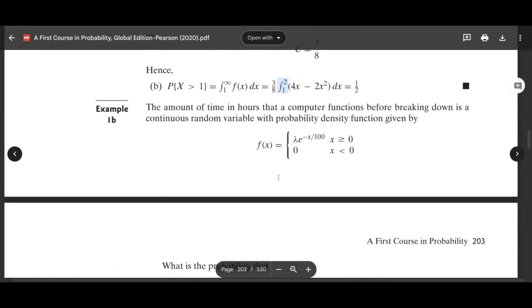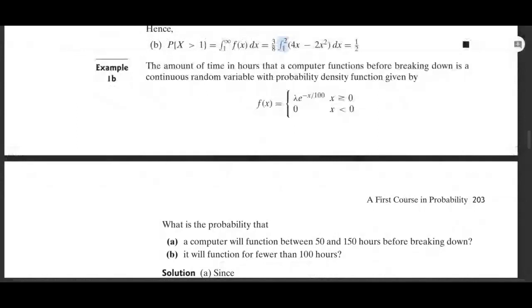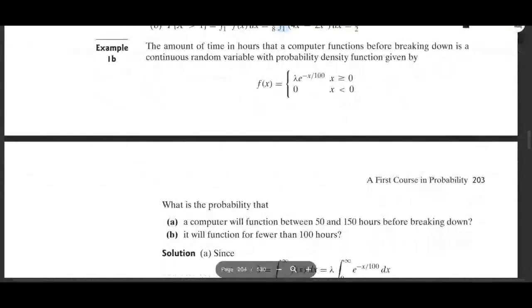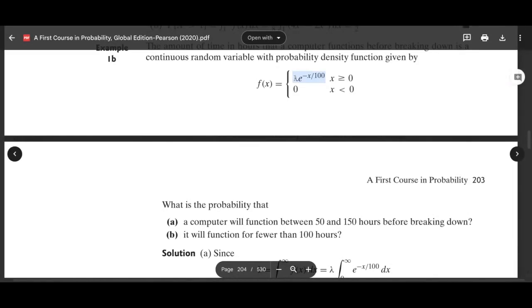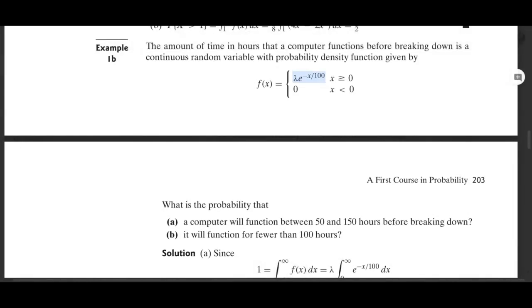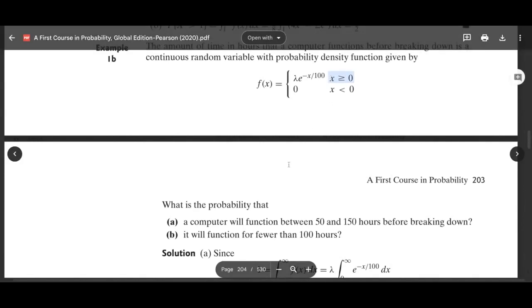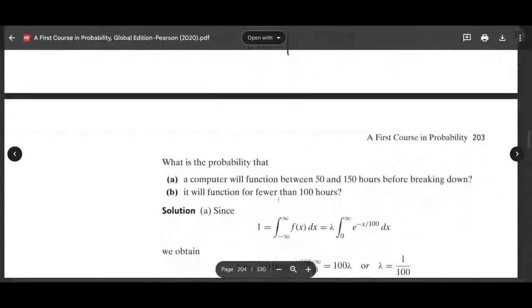Okay, let's see the second example. The amount of time in hours that a computer functions before breaking down is a continuous random variable with a probability density function given as this: lambda times e raised to negative x over 100 when x is non-negative, and if x is negative, that's 0.